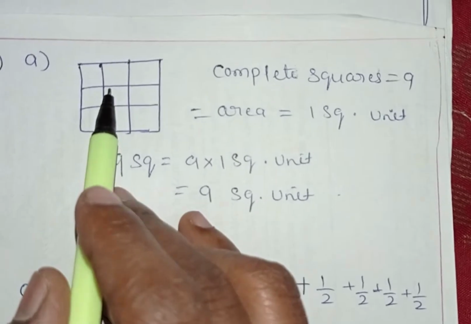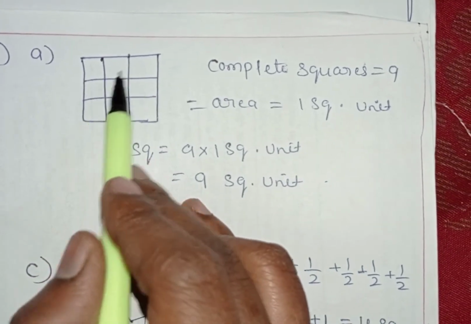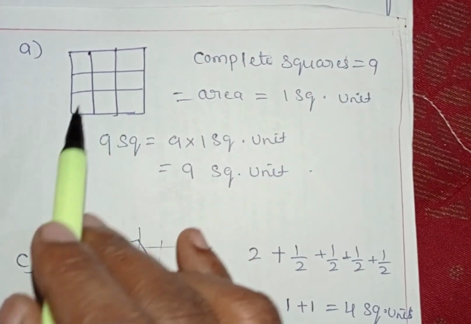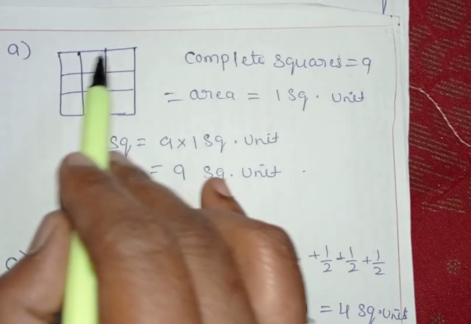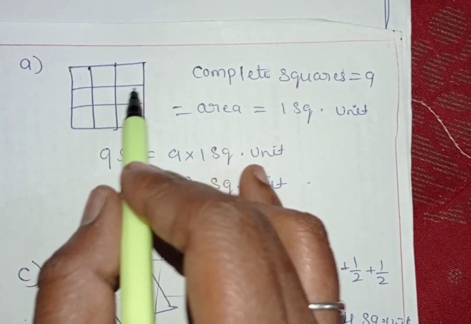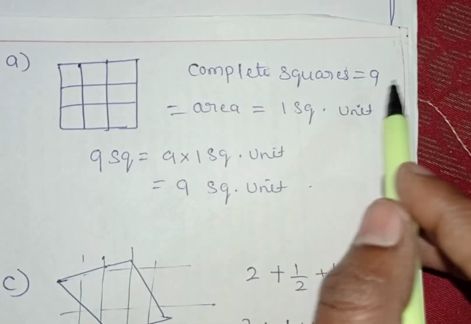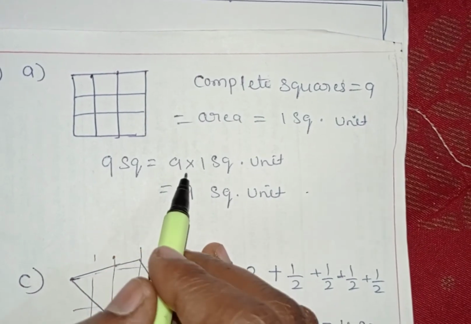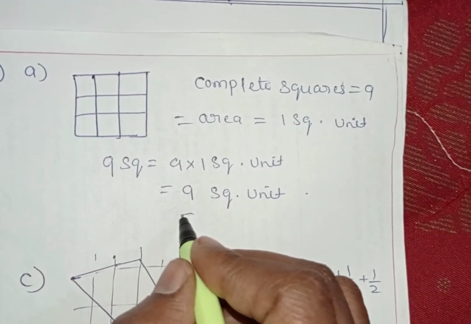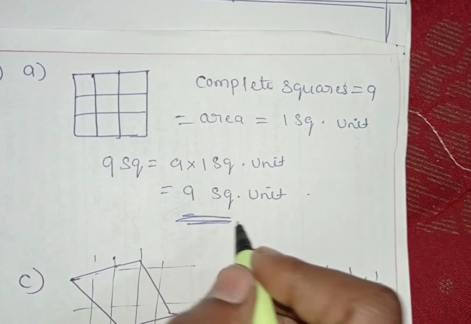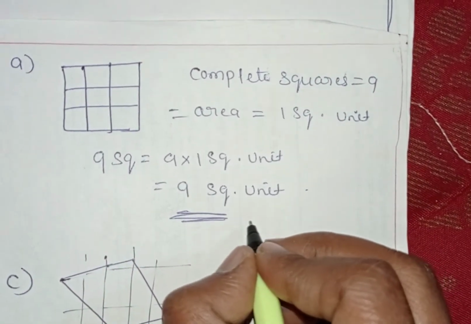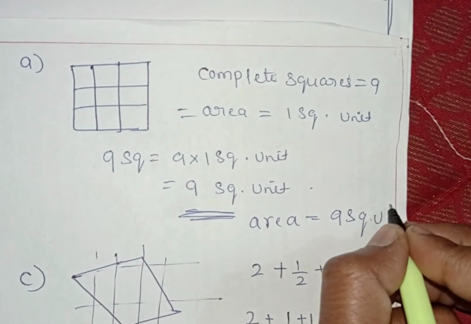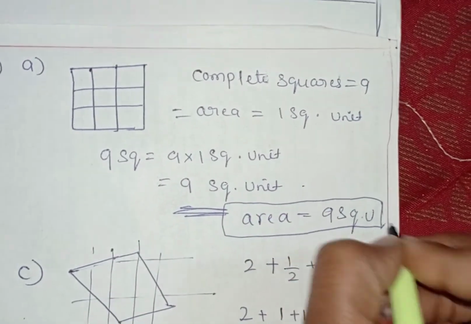So what is the area? Totally 9 boxes it covered. All are complete squares, children, the dotted lines are filled with full boxes, right? That's why complete squares equal 9, and area of 1 square equals 1 square unit. 9 square units equals 9 into 1 square unit. Final answer is 9 square units. Or you can write it as area equals 9 square units. Children, this is the final answer.